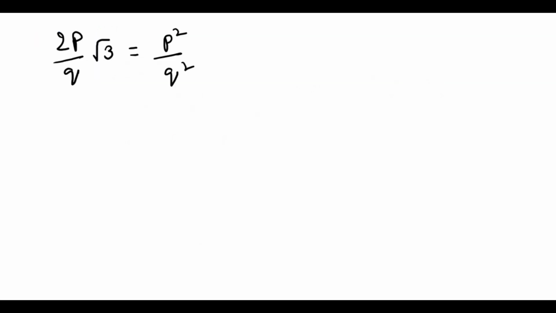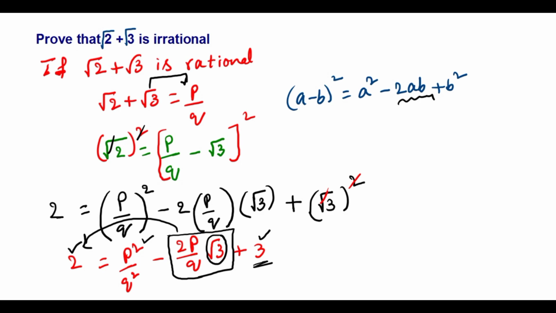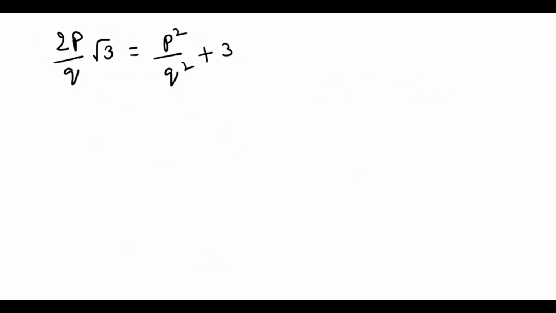So plus 3, and now this 2 we transpose from left hand side to right hand side, then it becomes minus 2. In the next step we write 2p by q root 3 equals p square by q square, 3 minus 2 is plus 1.